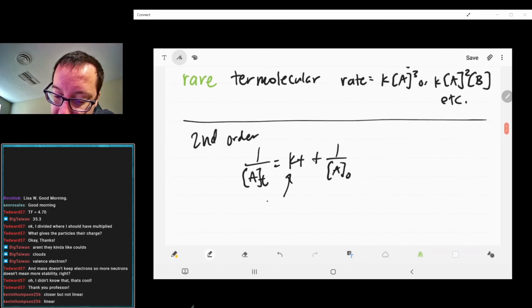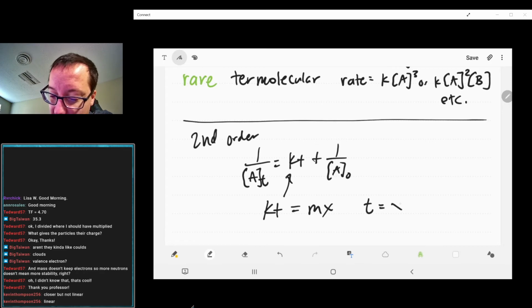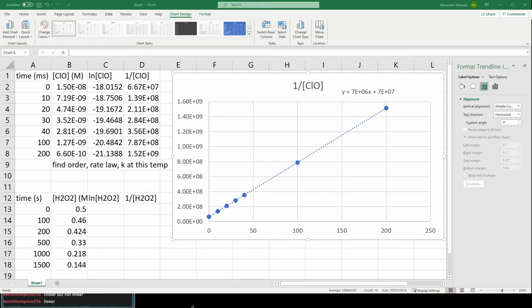Notice that kt is our mx component of this reaction. And so if t is our x, that means our slope is going to be the rate constant. So if you really wanted, you could do rise over run, figure out the slope that way, but handy dandy, Excel has already given to us the equation in slope intercept form.